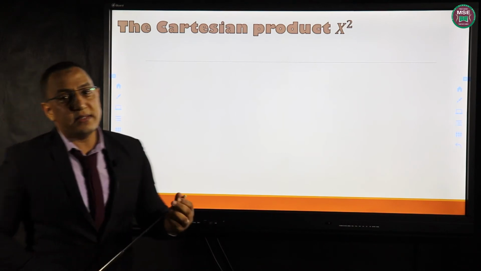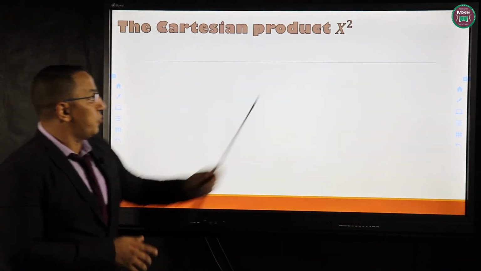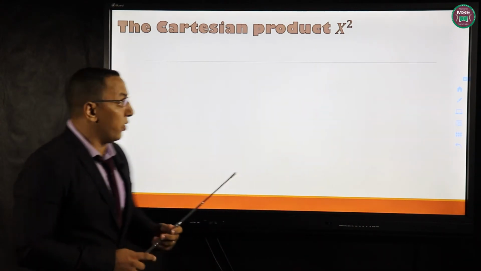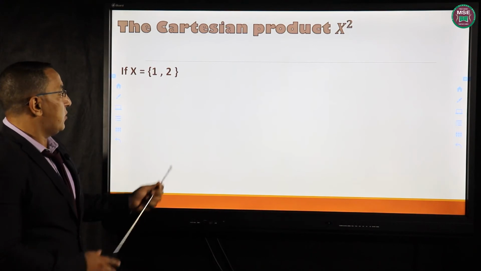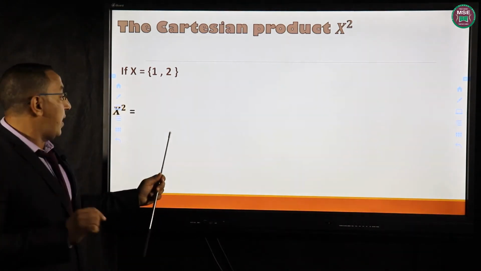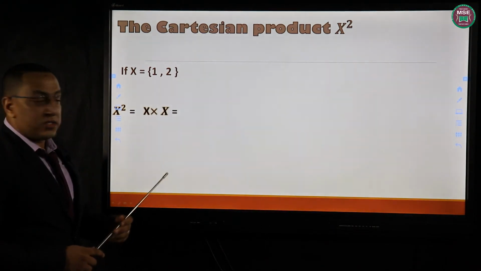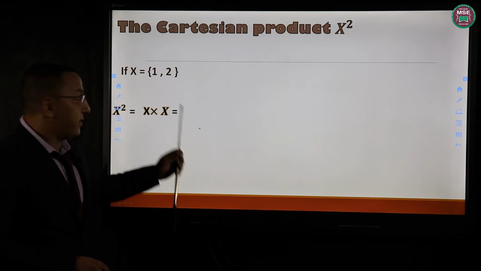Now let's study another type of Cartesian product, X² or X times X. Here, if X equals {1, 2}, to represent X power 2, which is equal to X times X, I'm going to distribute X among X like this.